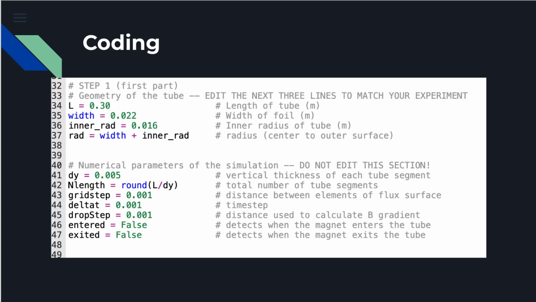So for my coding, the first thing I did was input the measurements we took of our tube, the length and the width of the foil, and then it calculated everything else for us.